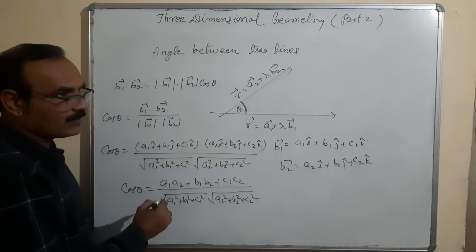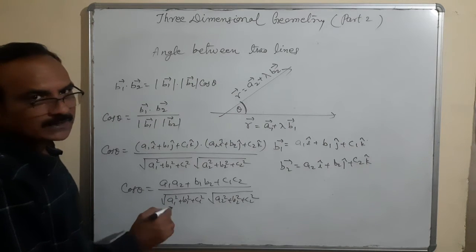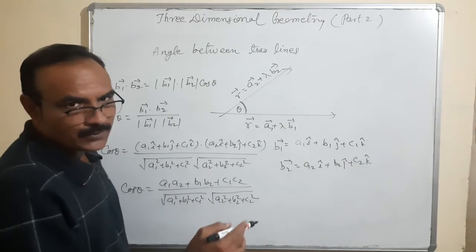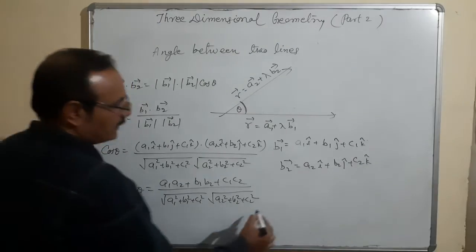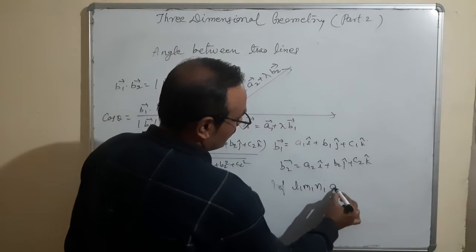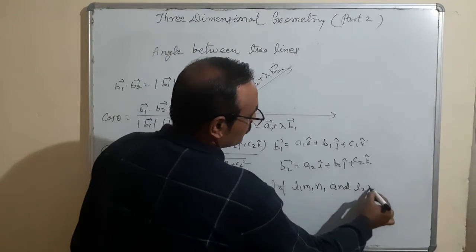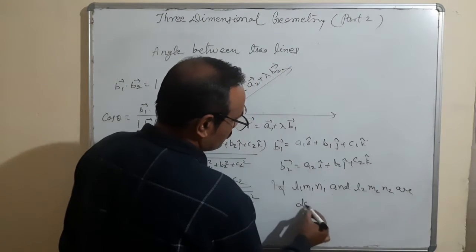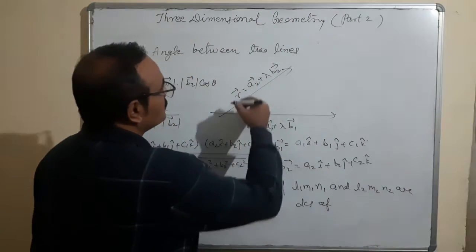cos theta is equal to l1 l2 plus m1 m2 plus n1 n2, if l1 m1 n1 and l2 m2 n2 are the direction cosines of these two lines.